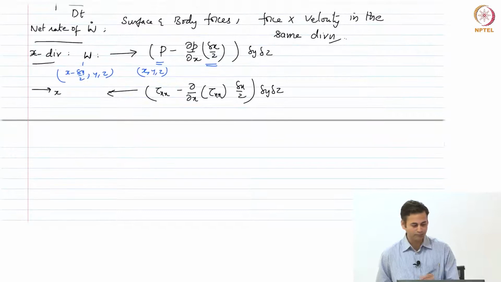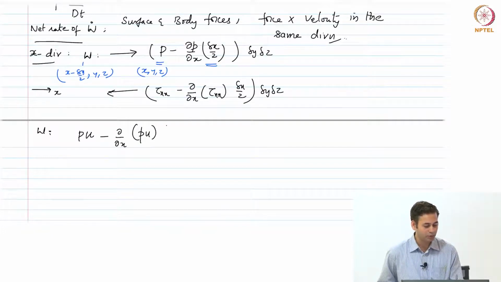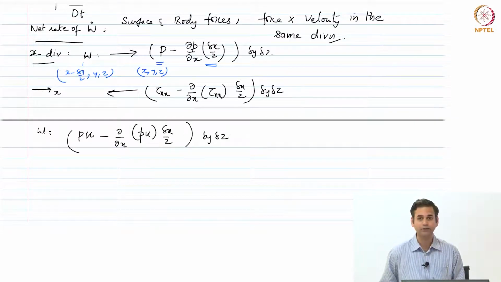Just like before, I am going to say that the rate of work done on the west face by the pressure force would be P times u, that is the rate of work done at the centroid of this fluid element, and then we want to calculate the rate of work done on the west face. So it will be Pu minus partial x of P times u times delta x by 2, times delta y delta z. That would be the rate of work done. Now, of course, you can do this in a couple of ways.